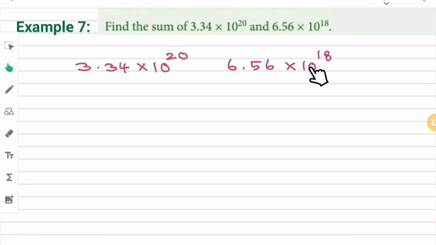So is it possible to simplify this? No. So I am going to make this one as 10 to the power 18. For that I am going to shift the decimal towards right. I can write it as, here I put plus, 334 into 10 to the power 18 plus 6.56 into 10 to the power 18.